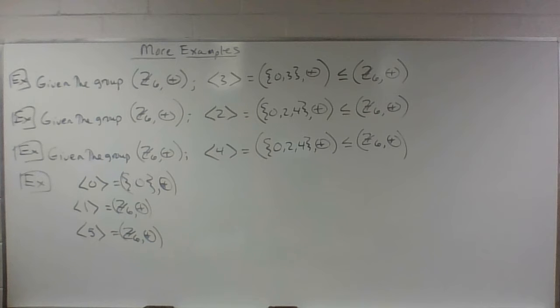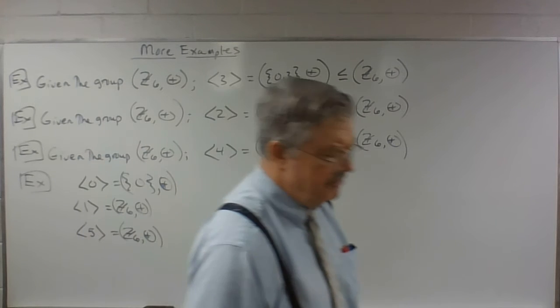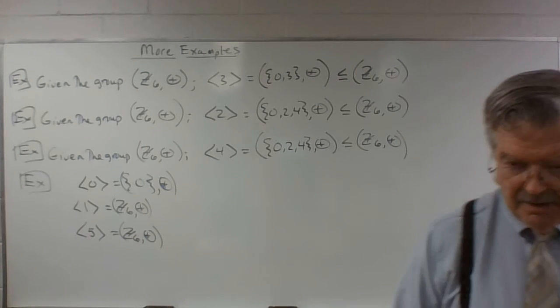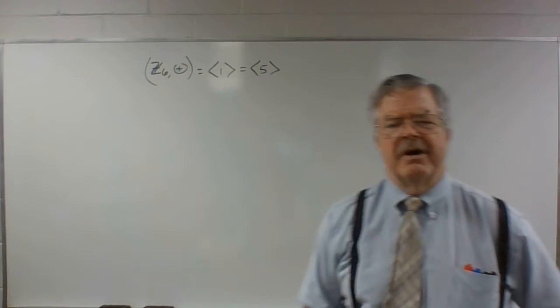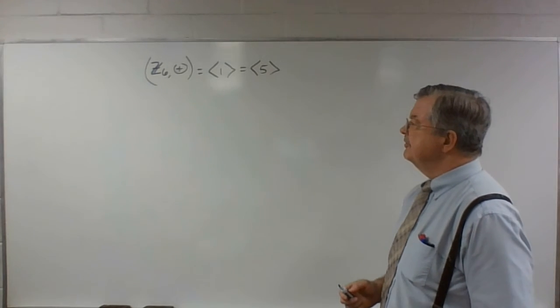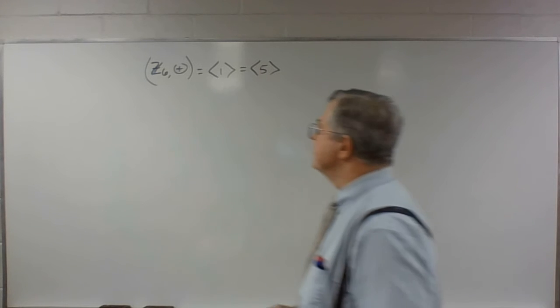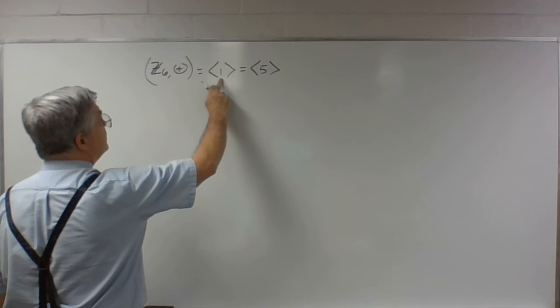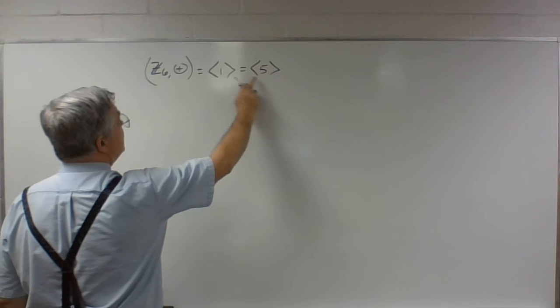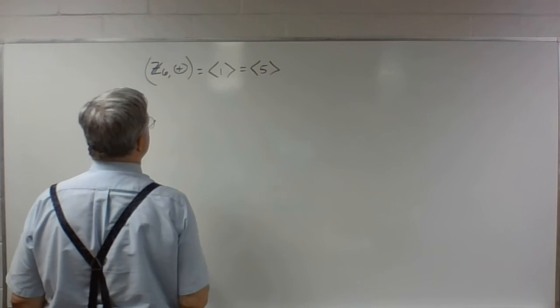So let's draw the subgroup structure with a lattice diagram. Okay, let's draw our subgroup structure for Z6. Z6 is the same as the group of elements generated by 1 or the group of elements generated by 5.